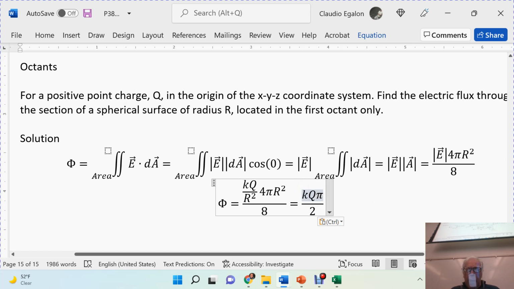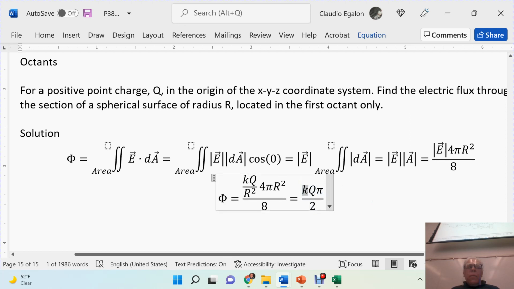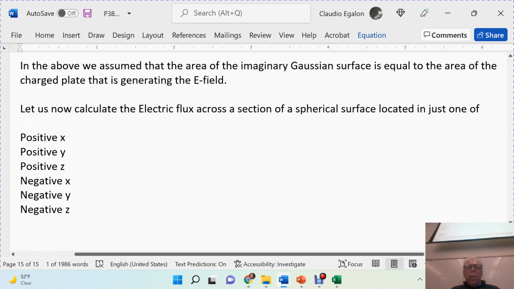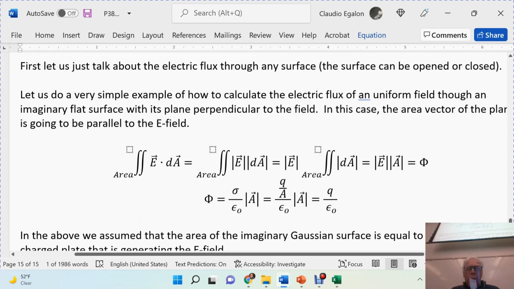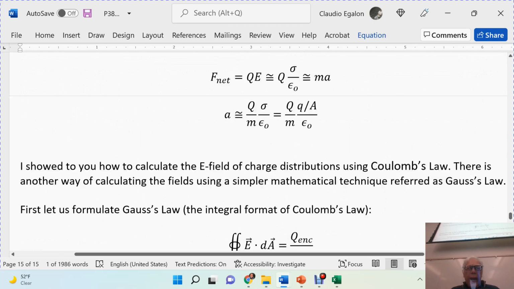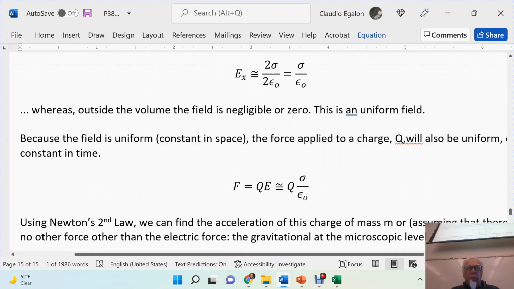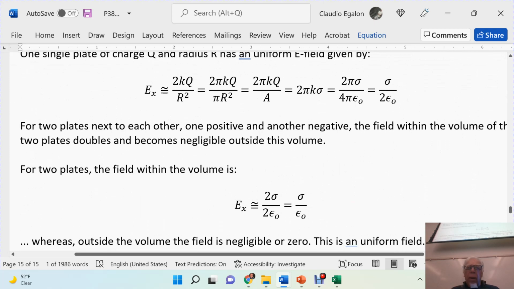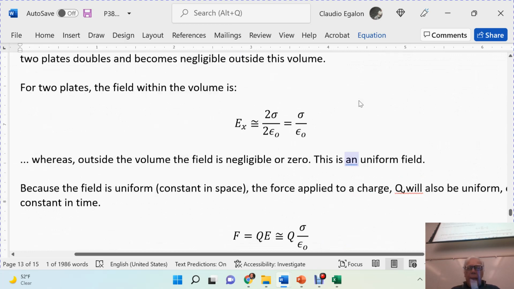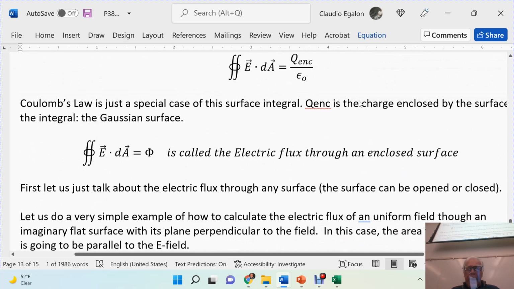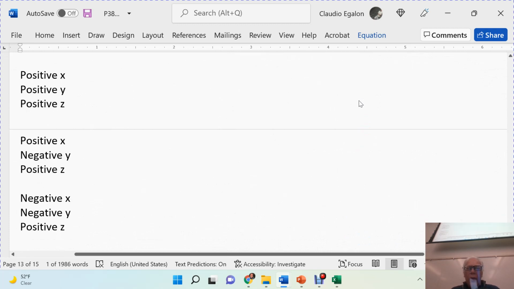Maybe we can do better by changing this guy to 2 pi. You got 2 pi is 4 pi, right? Let's see here. K can be written as 1 over 4 pi epsilon naught. Yep, that's the relationship between K and epsilon naught.